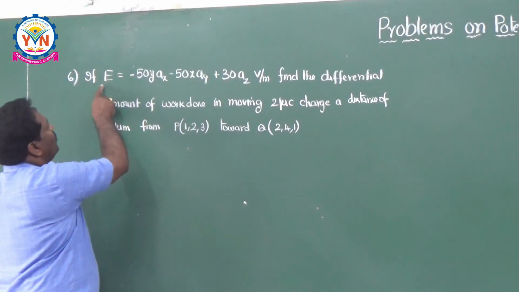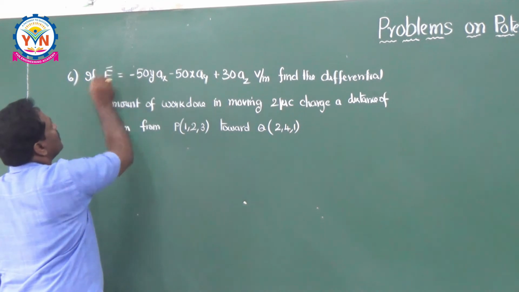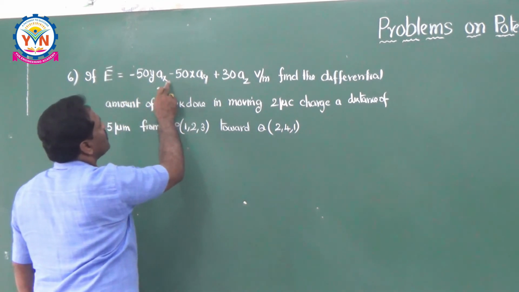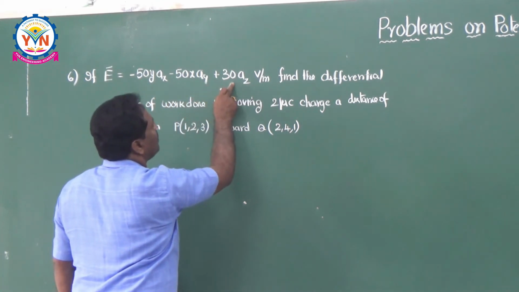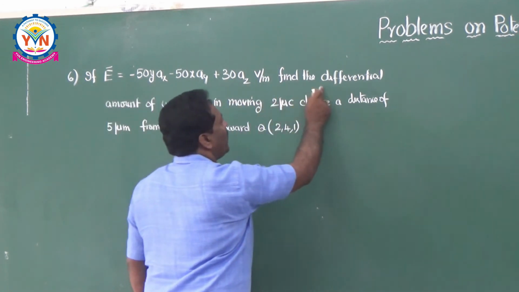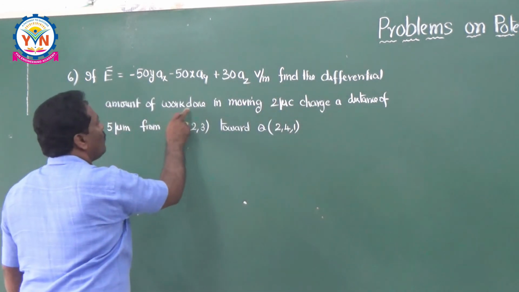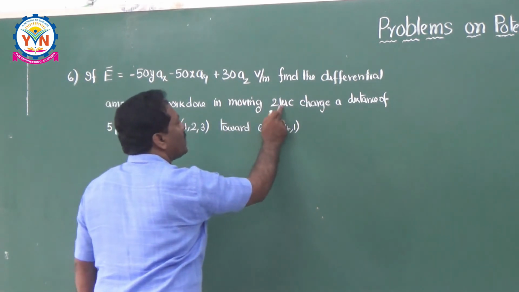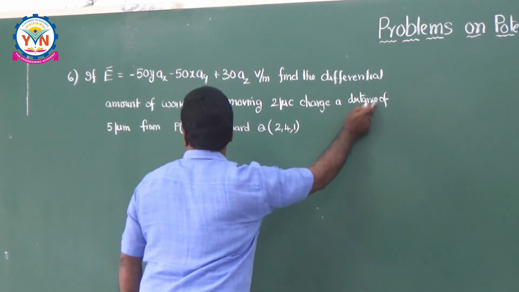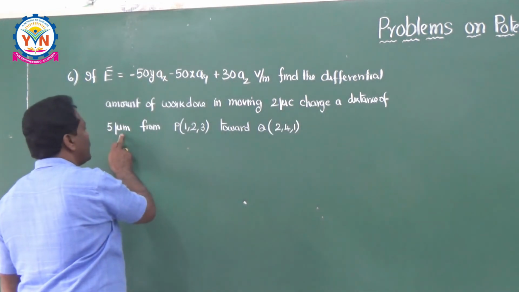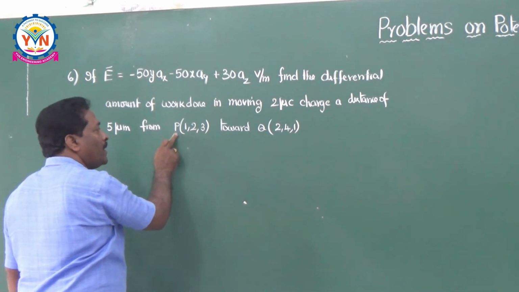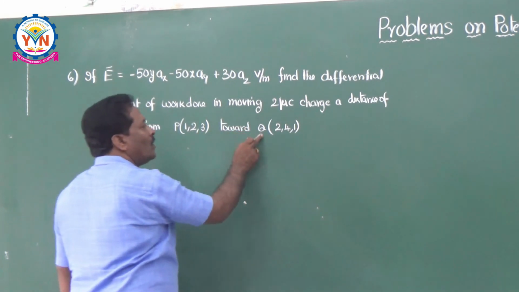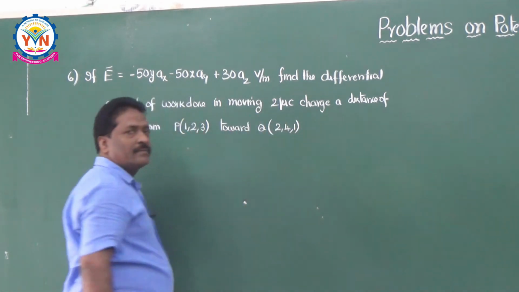Okay. If E bar is equal to minus 50y Ax minus 50x into Ay plus 30 Az volt per meter, find the differential amount of work done in moving 2 microcoulombs charge at a distance of 5 micrometers from the point P of 1, 2, 3 to Q of 2, 4, 1.